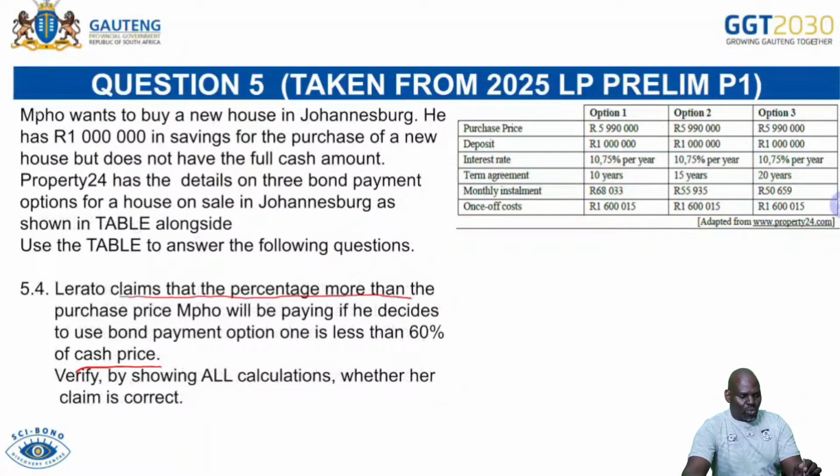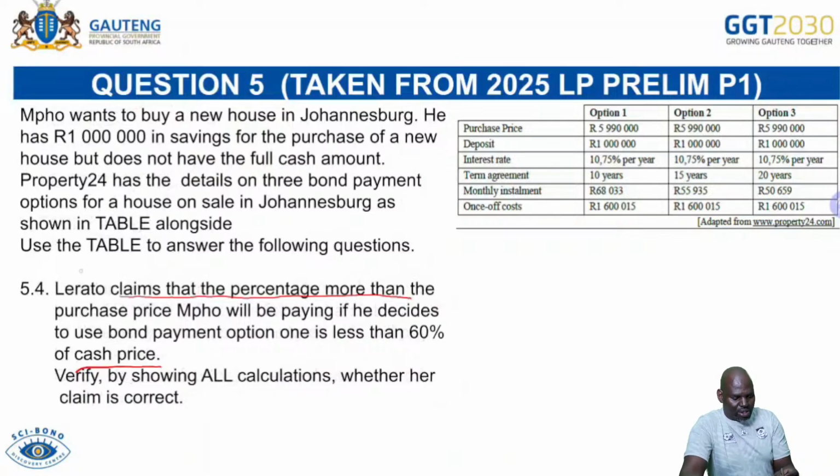Okay, let me read the question again. Paul wants to buy a new house in Johannesburg. He has 1 million in savings for the purchase of a new house, but does not have the full cash amount. Property 24 has the details on 3 bond payment options for a house for sale in Johannesburg as shown in the table alongside. Use the table to answer the following questions.